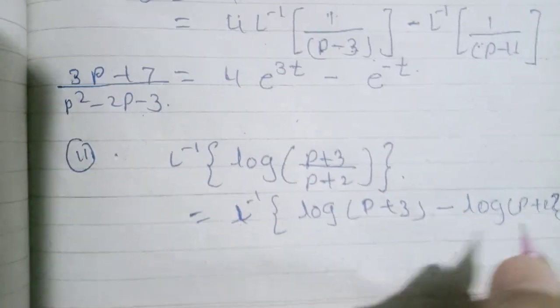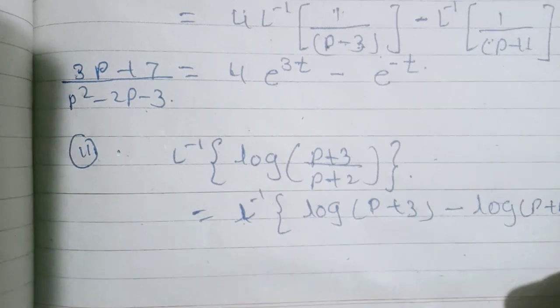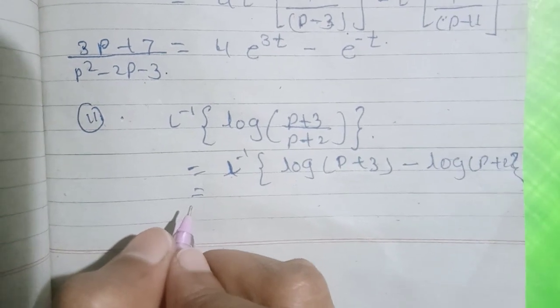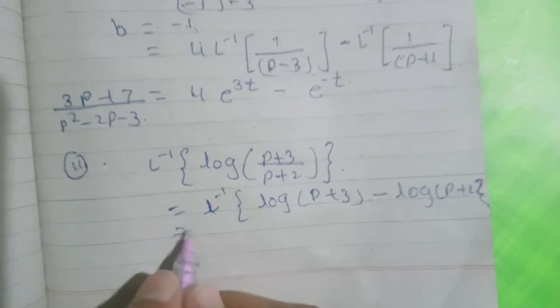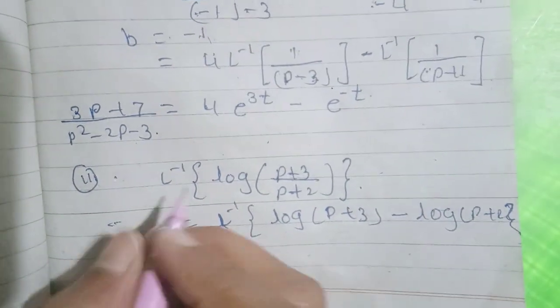We know the formula, that is log of m divided by n is equal to log of m minus log of n, logarithm formula.